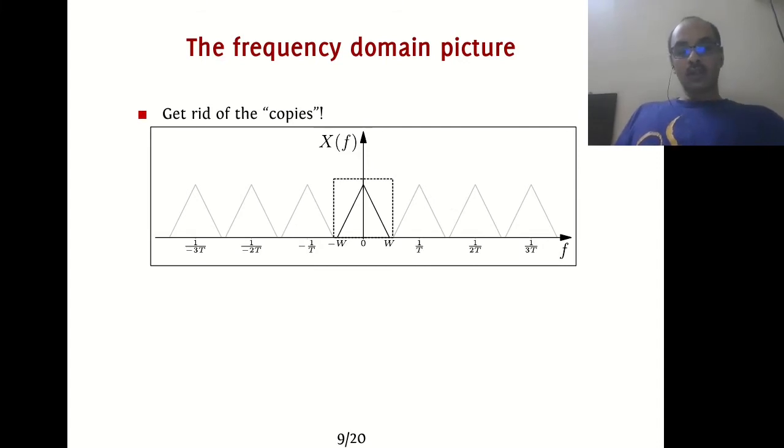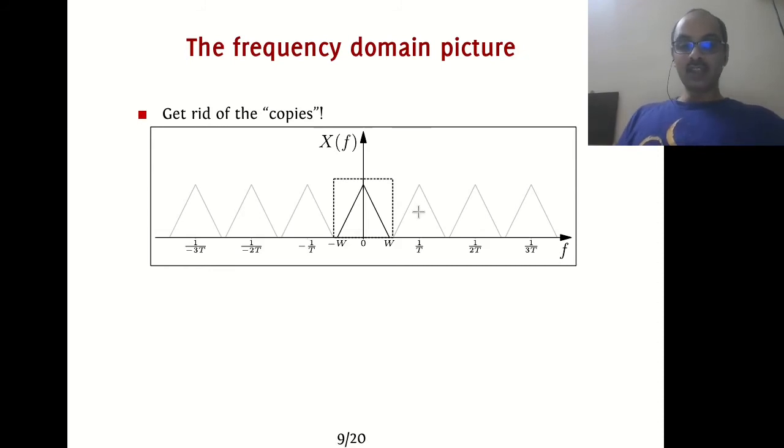Now let's go back and think about what we said when we did sample and hold and linear interpolation. Sample and hold and linear interpolation are also smoothing operations and are also low pass filters, if you think about them. The reason that happens is because the original signal, which has these impulses, is spiky, and that spiky signal is the one which has all these copies.